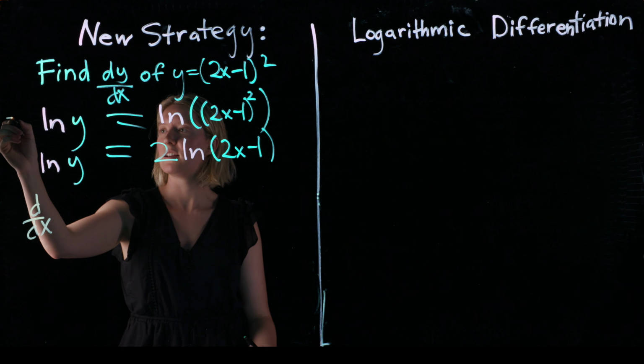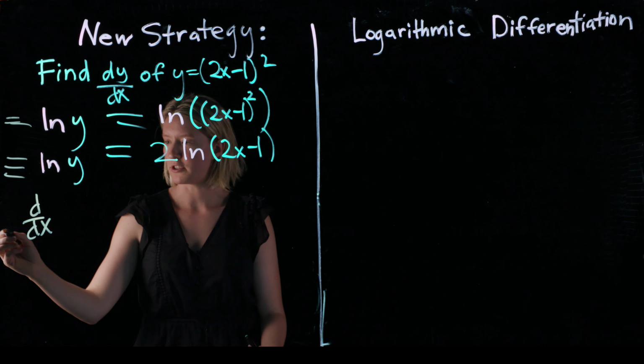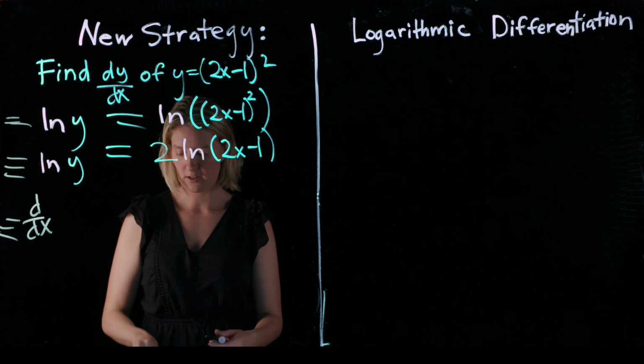Let's make sure I have some equivalencies right here. I have the natural log of y on this side, and then over here I'm taking the derivative with respect to x of 2 times the natural log of 2x minus 1.